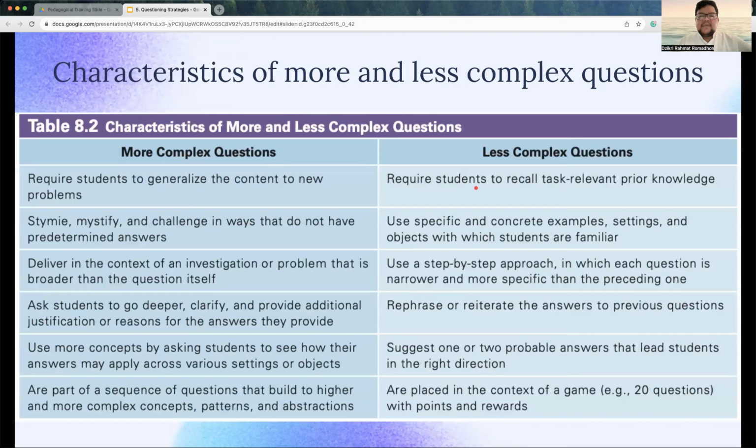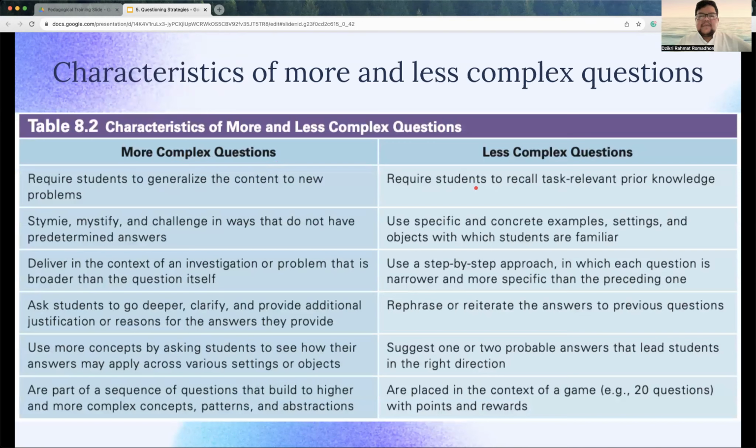So you know a concept, and then you put that concept into a new problem and solve that problem from your knowledge. This is complex. The simple one just asks the student to recall a task relevant to their knowledge. So they already know the knowledge, and they just read aloud the knowledge they have.